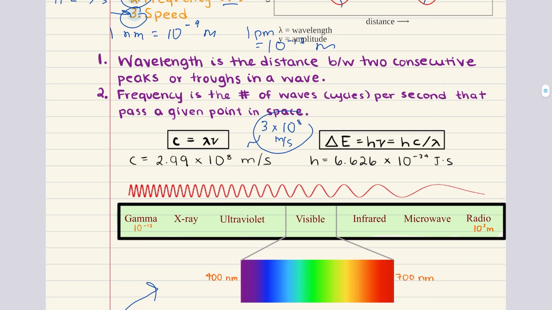And that leads us to 2 important equations. Now, the relationship between these 3 properties, wavelength, frequency, and speed, is given by this equation right here. This equation tells us that the speed of light, c, is equal to the product of the wavelength and the frequency.